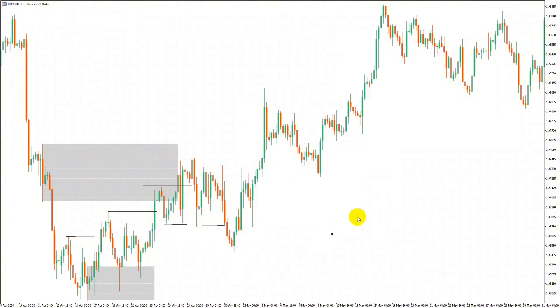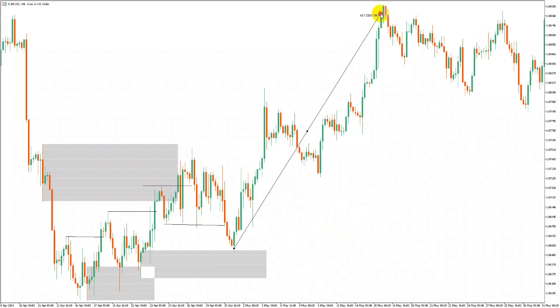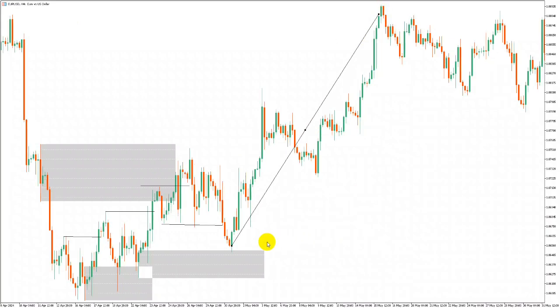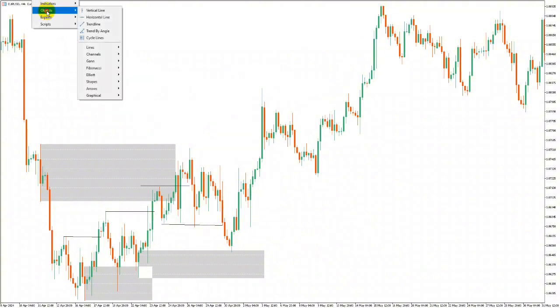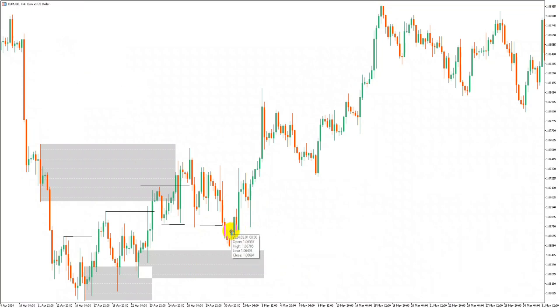Okay, you can see how the market rushed so far after mitigating this level. See how far the market went. It hasn't come back to this region to grab the leftover demand. See how the demand zone here is untouched.